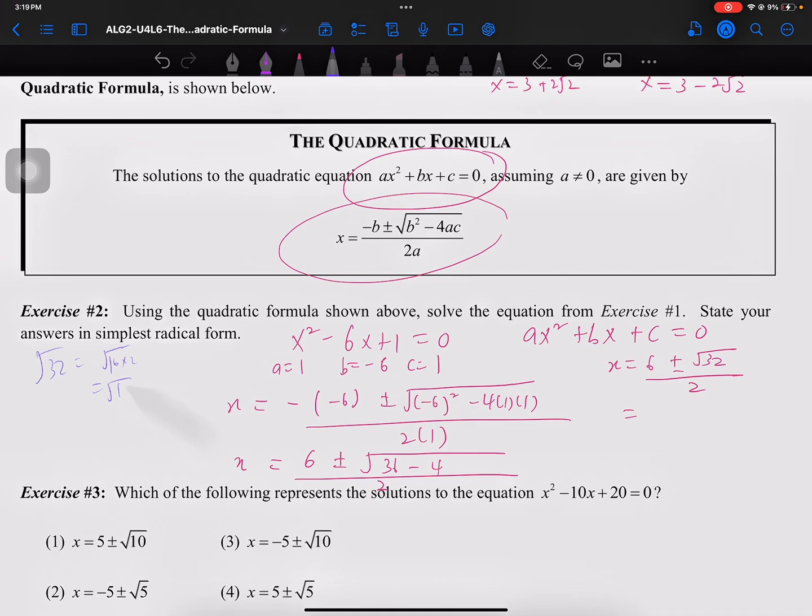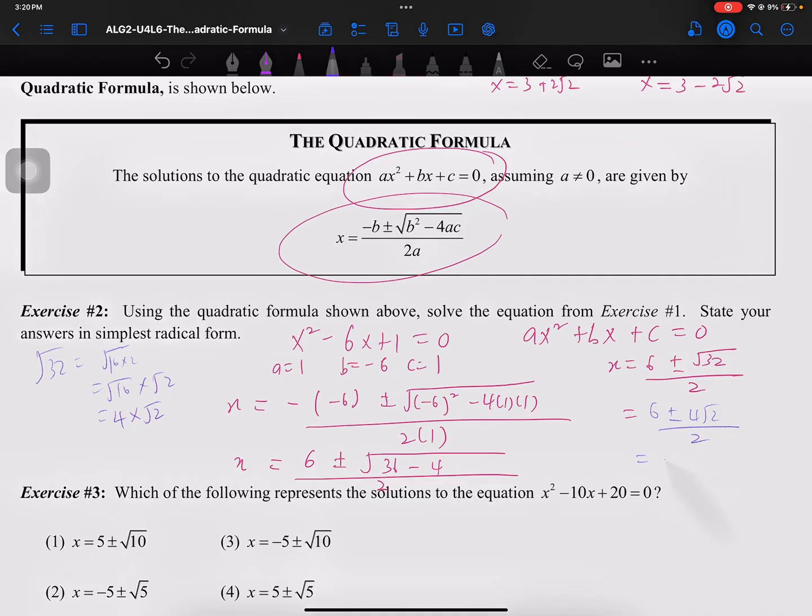So root 16 times root 2 is 4 root 2. So 6 plus minus 4 root 2 over 2. Then we can divide both.